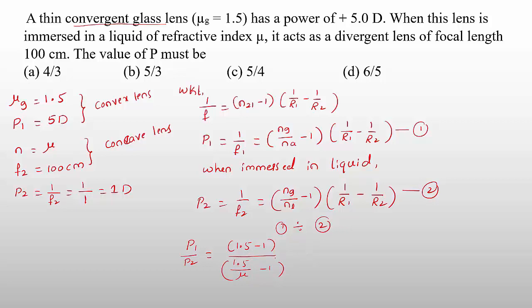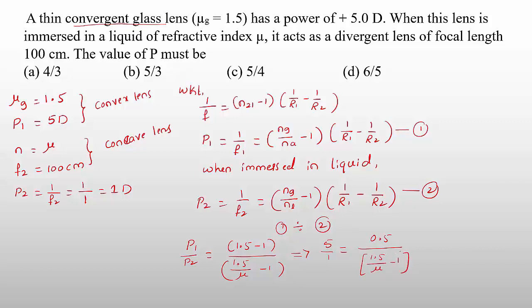Now substitute the values of P1 and P2. So P1 by P2 is 5 divided by 1 equal to 1.5 minus 1, which is 0.5, divided by, keep as it is, 1.5 divided by mu minus 1.